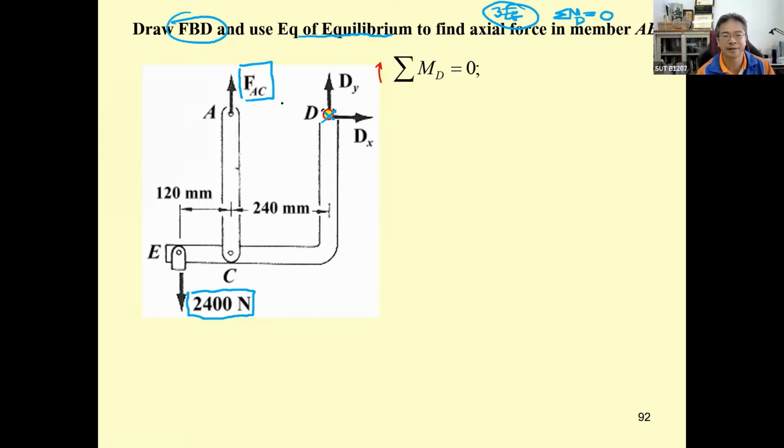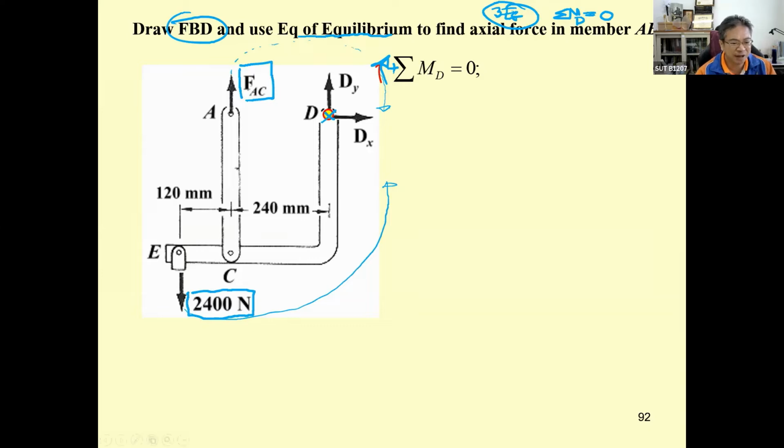By doing this, the unknown F sub AC will rotate in this direction, and 2,400 Newton will rotate in the opposite direction. If you rotate this way, it's going to be positive. That means clockwise is going to be positive.